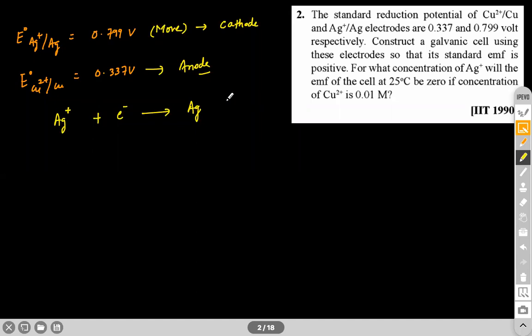So this is the reaction at the cathode, and the anode reaction is this. Cu solid gives Cu2+ aqueous plus 2 electrons. This is solid, this is aqueous. Okay. Now, when you write down this equation, you have to multiply the cathode reaction by 2 so that the 2 electrons get cancelled.